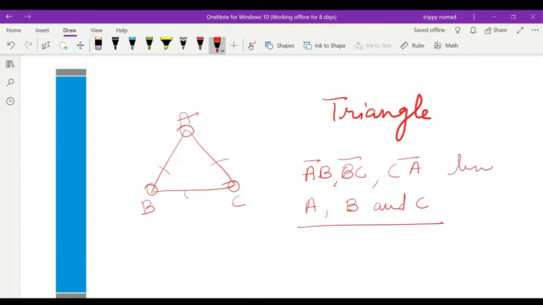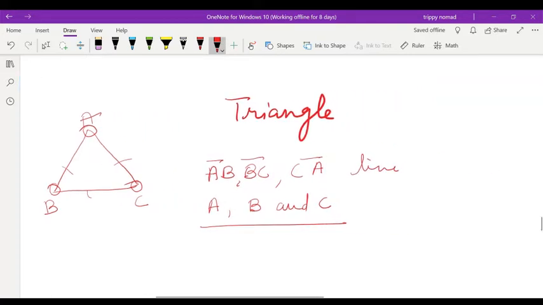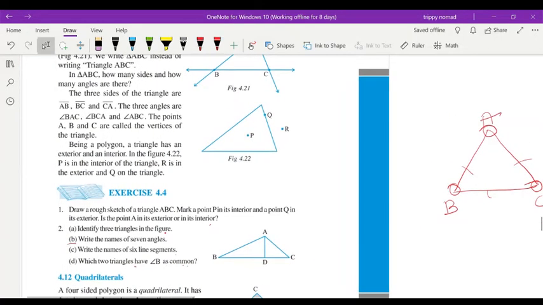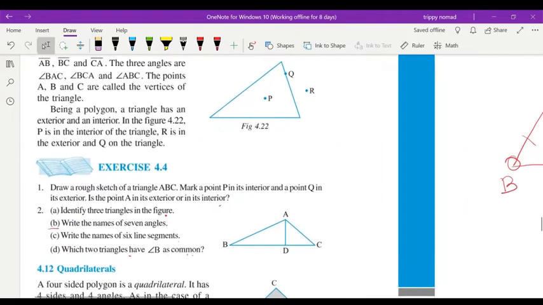These are line segments, and these are called vertices. I hope you understood. Now we have to start the question. Draw a rough sketch of a triangle.